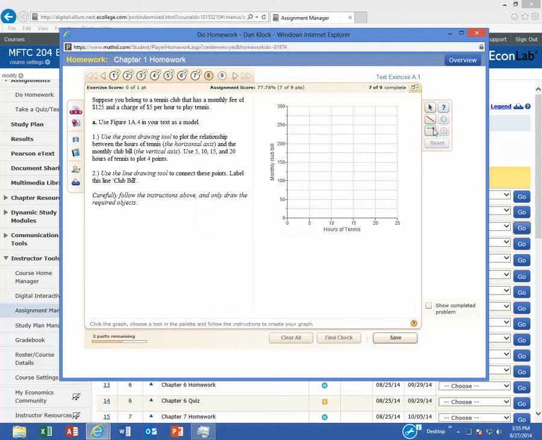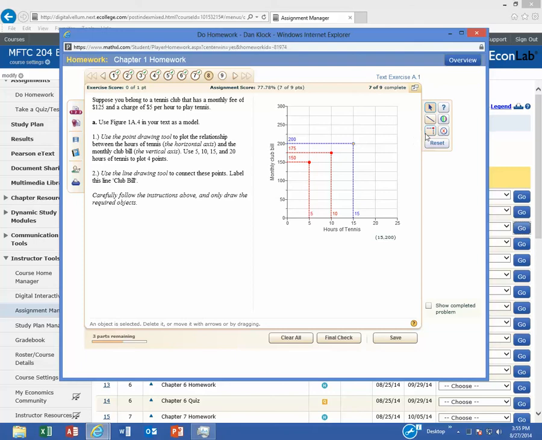What did I say? This is way too much fun. 5, that one there, 10. Like when you do it, the numbers may be different. 10 is 50 plus 125 is 175.